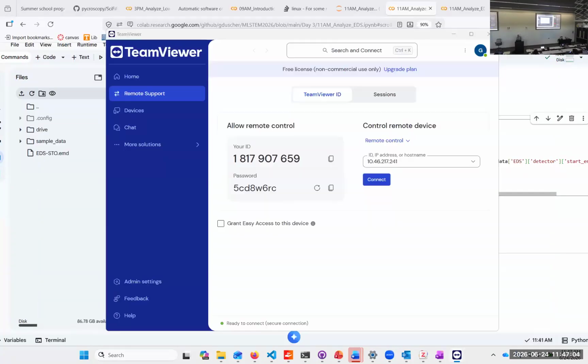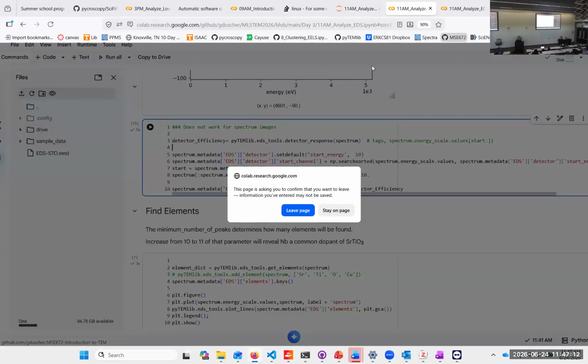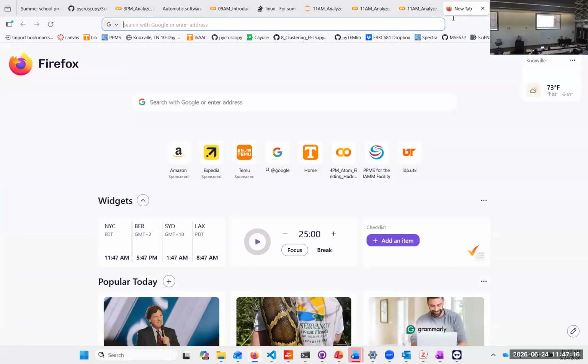Okay, the K factors. So if I go to, this is not the one I want to change.